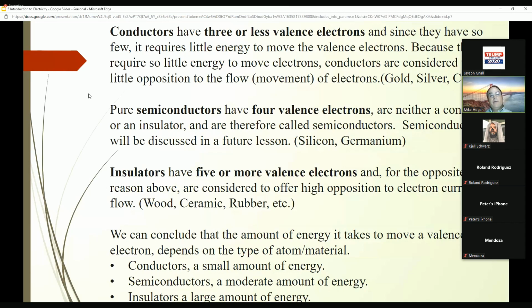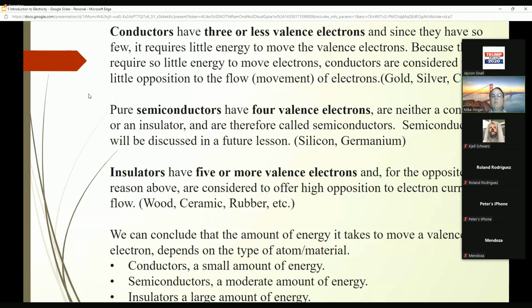An insulator has 5 or more valence electrons, which are tightly held, and it takes a lot of energy to cause that electron to move, and so therefore it doesn't conduct. Obviously it's not a conductor, it's an insulator. It doesn't conduct electricity very well. You'll see a lot of these materials used for safety materials versus used for conduction.